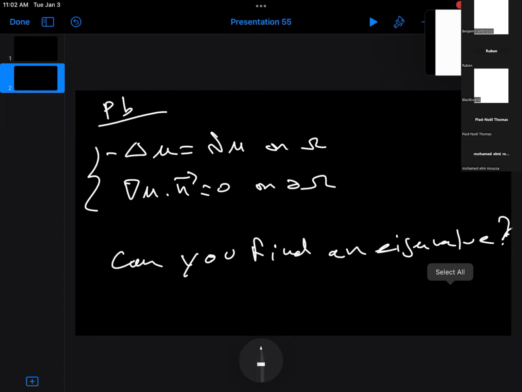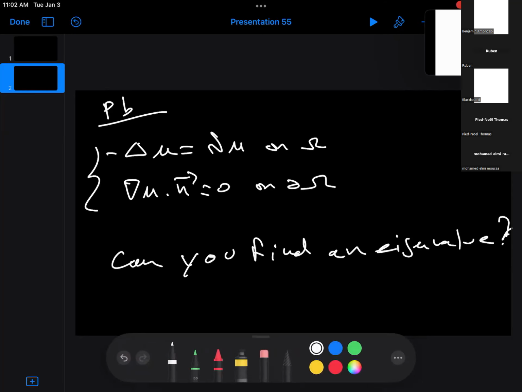Well, there's an easy eigenvalue. It's 0, right? So if you take lambda equals 0, it works. And what is the function? You take u constant. So if u is constant, then when you take the derivatives of u, this will be 0, and this is 0 and this is 0.